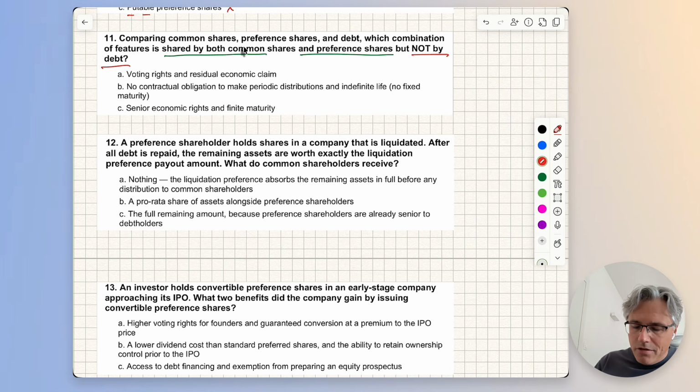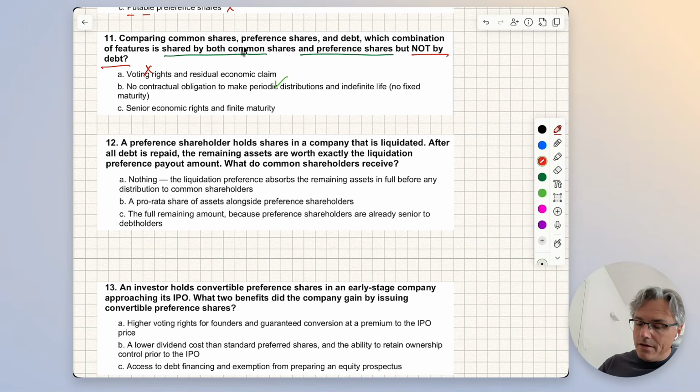And you know that preference shares typically do not have voting rights, or at least you should know this, so that's wrong. What about B? No contractual obligation to make periodic distributions. That's true. There is no contractual obligation within common shares and preference shares for the issuer to pay you a dividend. So that's correct. But there is, with debt, the obligation to pay periodic distributions like coupons or interest.